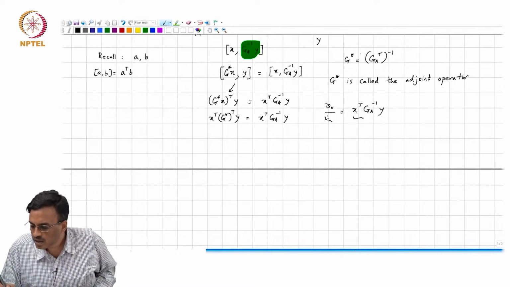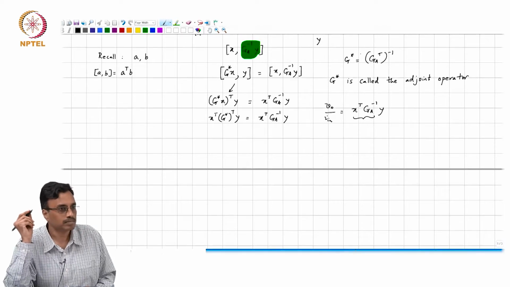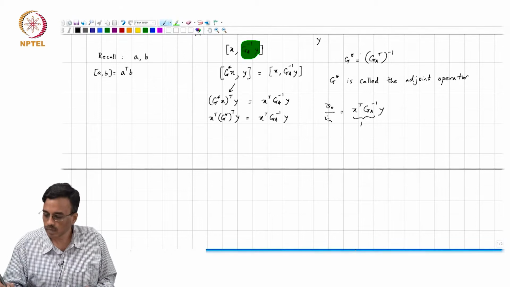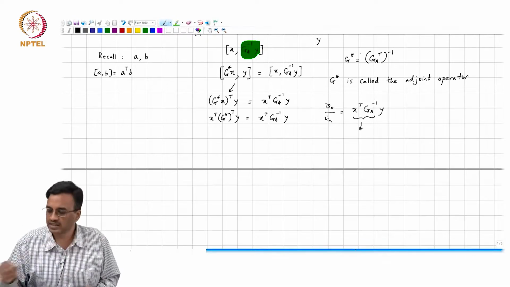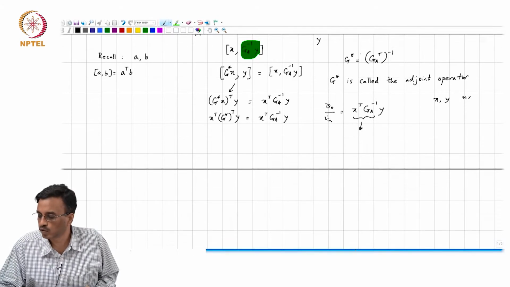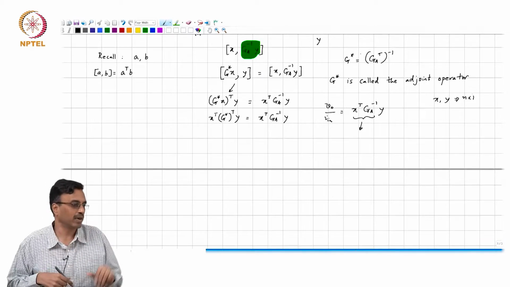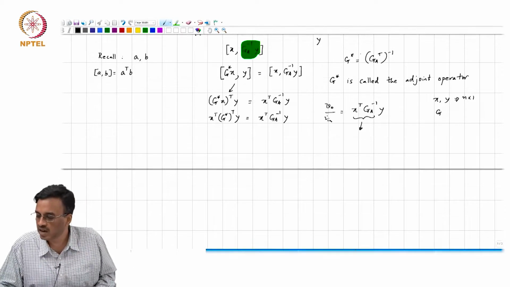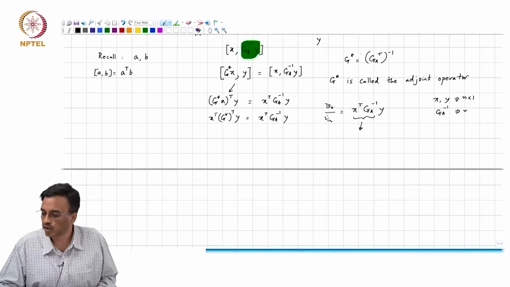So, what comment can we make about the dimensions of that guy there? Let us say there are n unknowns, let us say X, Y are both n cross 1 vectors, because there are n number of unknowns, and GA inverse, what is the size of that? N cross n.